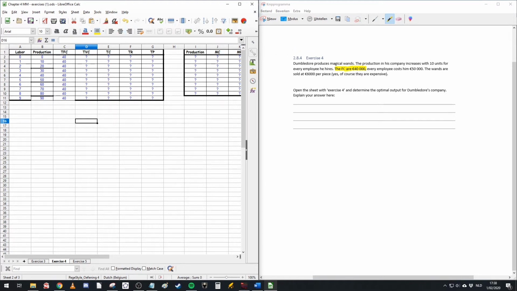I will do the same thing for the next thing over here, because here we see that every employee will cost them 50,000 euros. An employee is a variable cost, so this will be here, like total variable cost. If I have 0 employees labor, right, then I will have 0 costs over here.